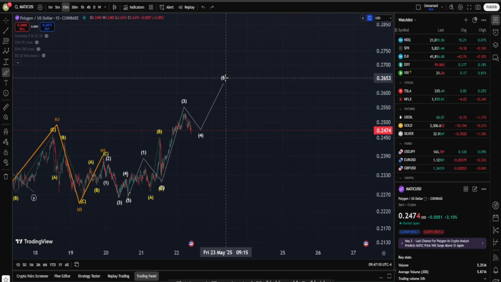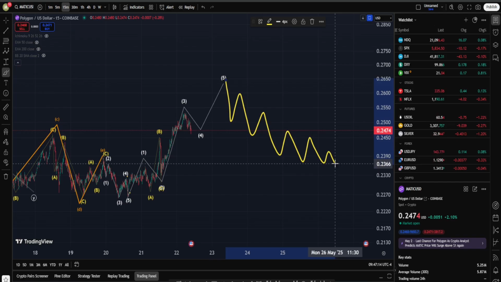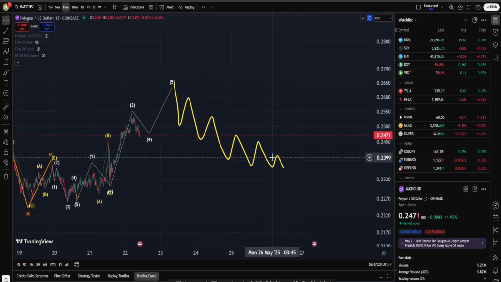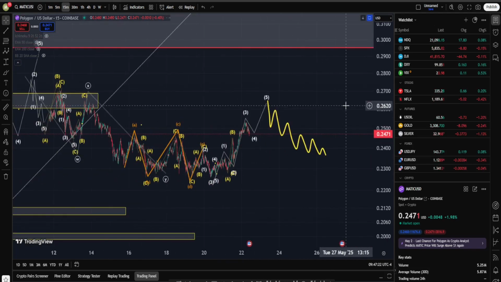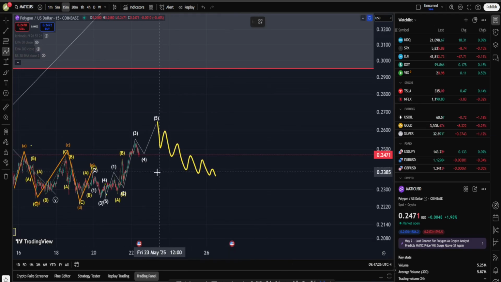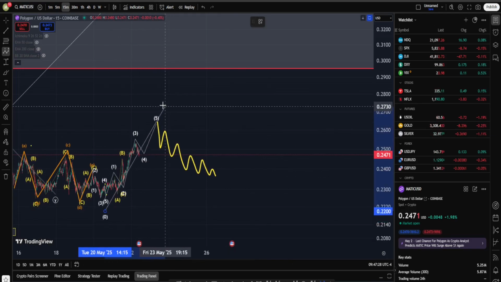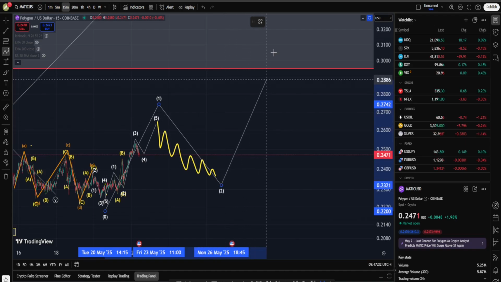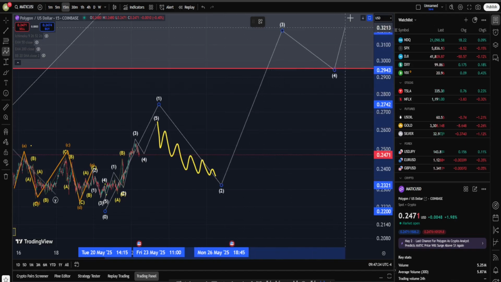If this is a slow and choppy move down with a lot of overlapping of the waves, that can be a very good sign, indicating we are having a correction and the next move up is going to be massive. Why? Because on a higher degree, at that point, you are absolutely able to argue this is 1, this is 2, and what's going to happen next? We're going to have a good move up into wave 3, 4, 5.